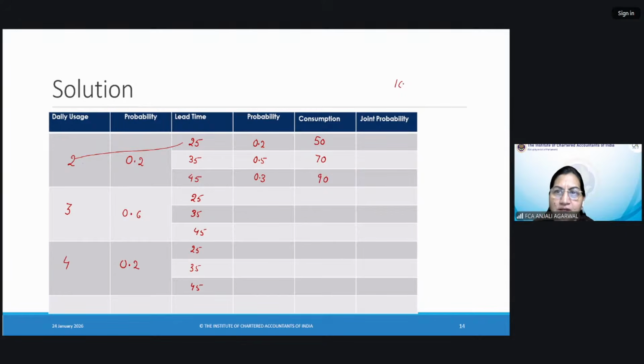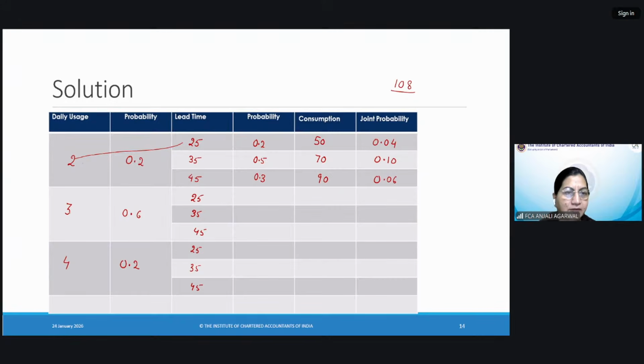Now, if your reorder level was 108, you are absolutely safe in all the 3 situations. What is the joint probability of this? 0.2 into 0.2, 0.04. 0.2 into 0.5, 0.10. 0.2 into 0.3, 0.06. This is how we will calculate.